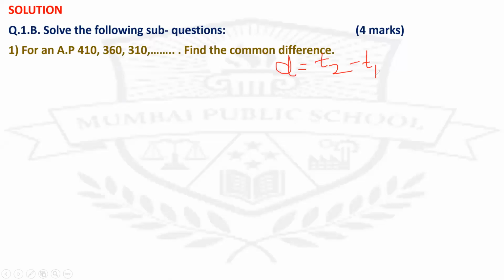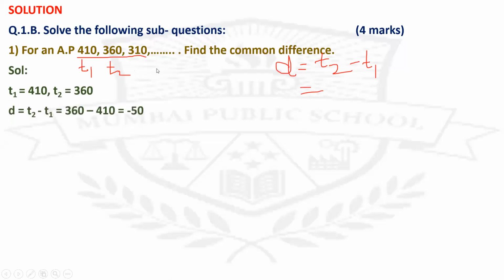Here, when you're looking at the AP, 410 is the first term, that is T1. 360 is the second term. So simply it is T2 minus T1, that is 360 minus 410.